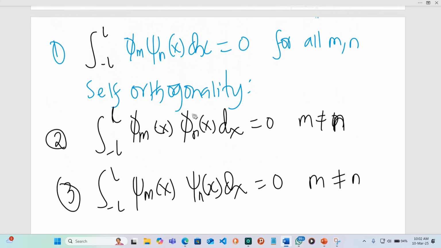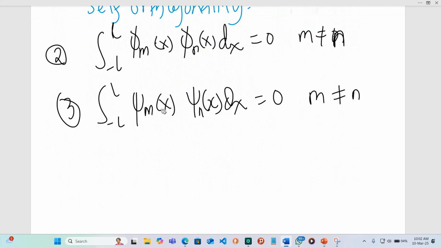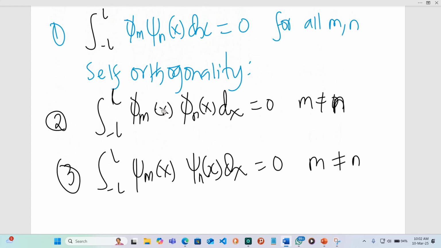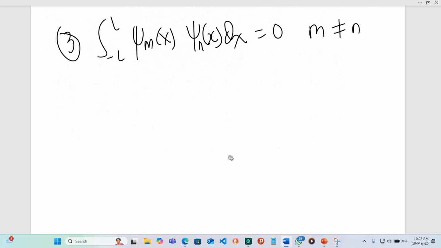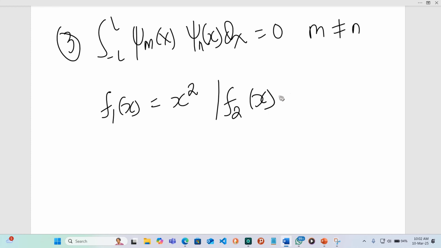Knowing these three properties, you'll not struggle to find some particular coefficients if you know that the two functions are orthogonal. How do I tell orthogonality? If I have functions such as f of x equal to x squared, and f of 2, x equal to x cubed.